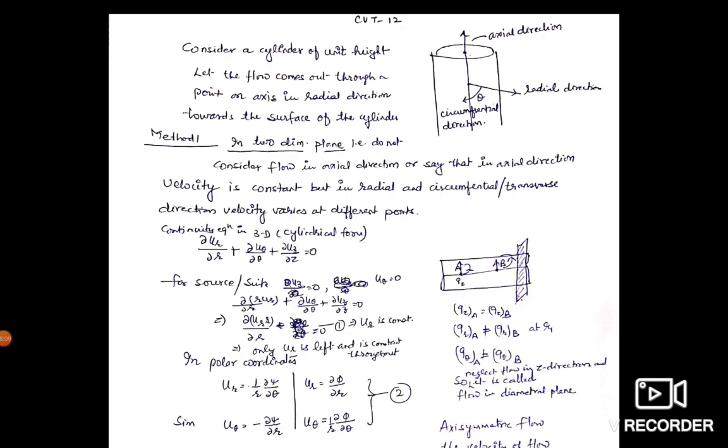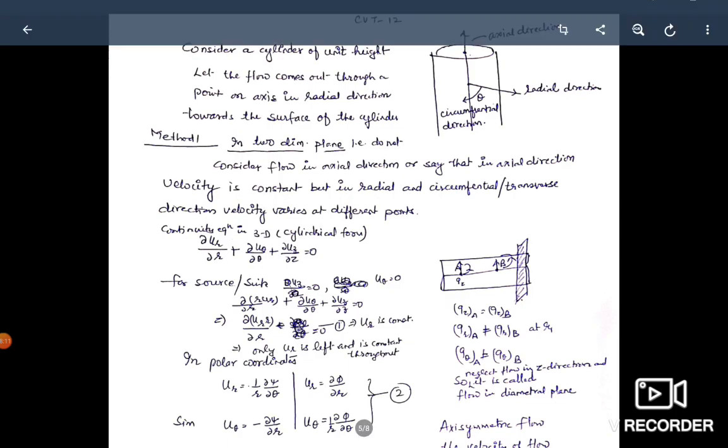Here r is missing. It is delta r of r u_r plus delta theta u_theta plus delta z u_z. Here you see that there is no flow in the circumferential direction. There is no flow in the z direction. Rather, there is flow only in the radial direction.